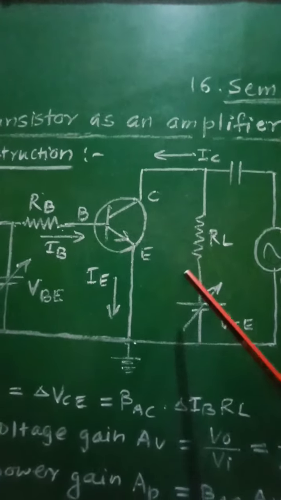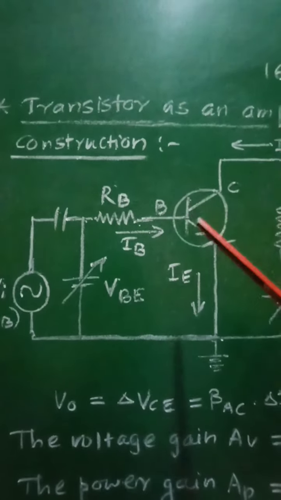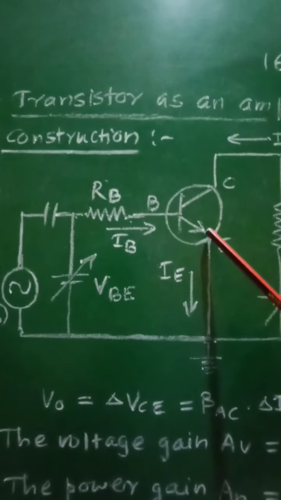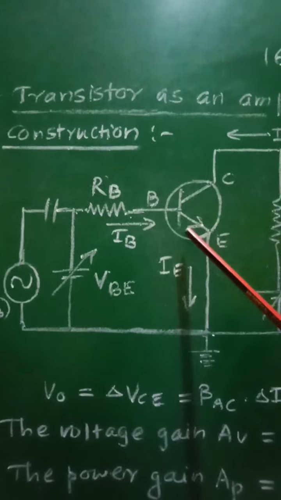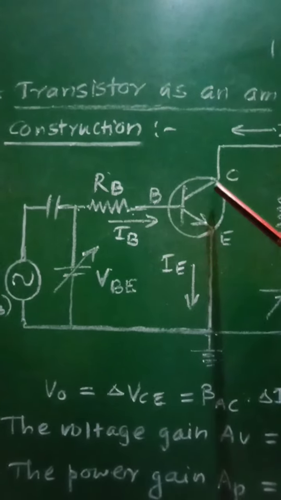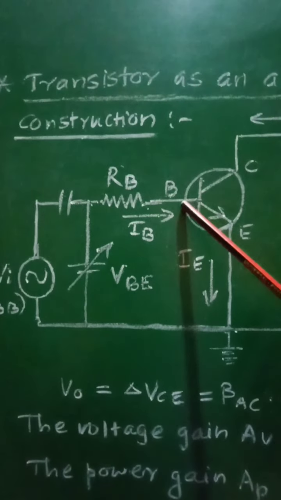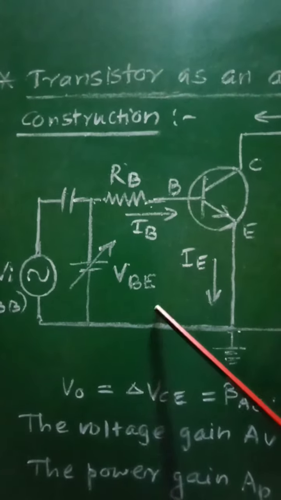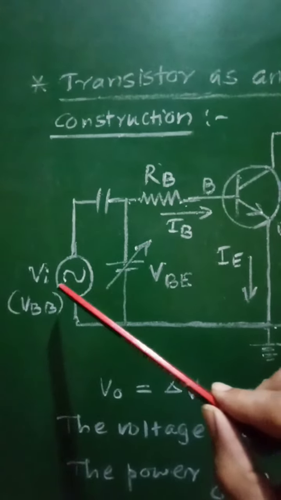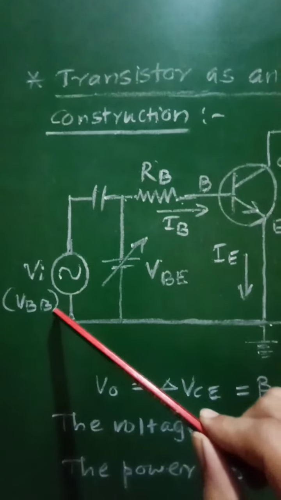Now in order to explain the construction of the transistor as an amplifier, let us consider a transistor consisting of three electrodes: emitter, base and collector. The base and emitter junction will be supplied with the input voltage Vi.